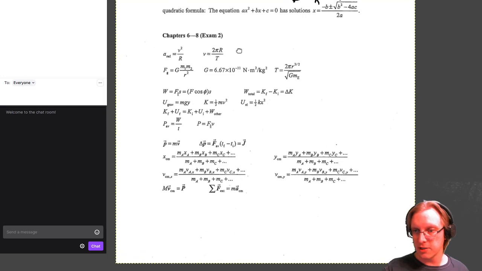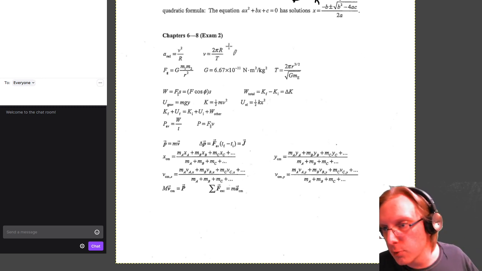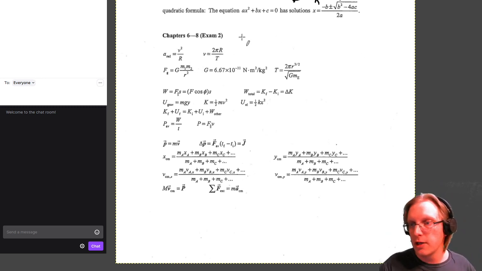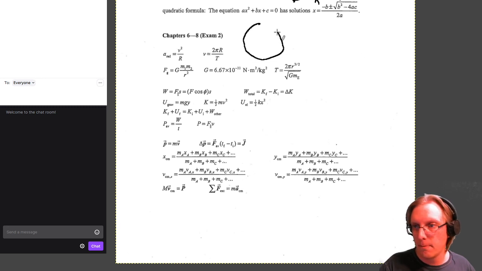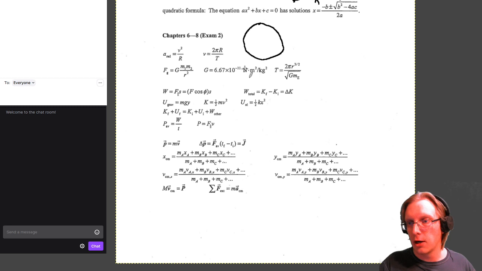Now on to the stuff that is definitely supposed to be on exam 2. We have circular motion and orbits. If we have an object going around in a circle, like so, it must have a velocity of some sort, v, going around the circle.